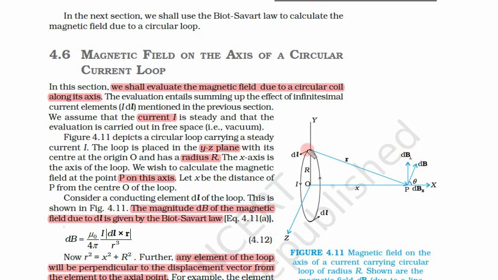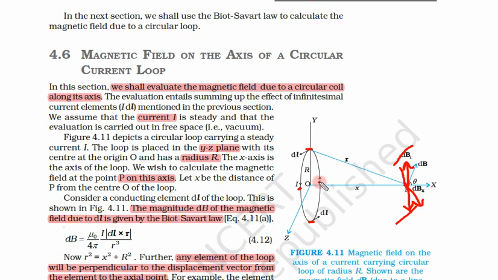See it again. If dl is up, this dB perpendicular is also up. If it is down, this dB perpendicular is also down. So both dB perpendicular will get cancelled out. So because of this symmetry, let us say this dB is here, dl is here, so dB would be inside, sorry, outside.